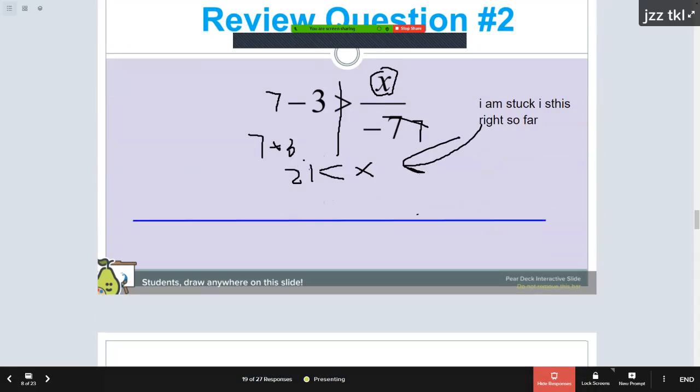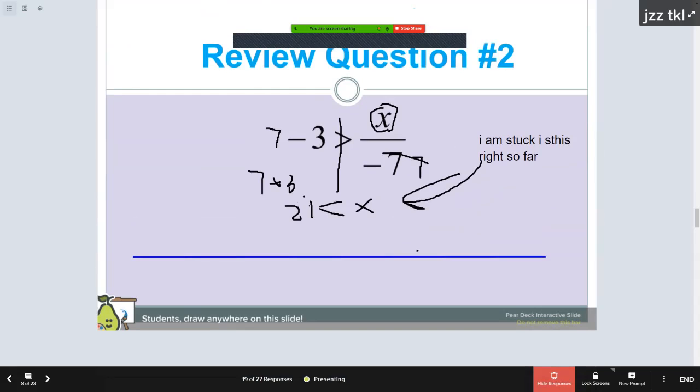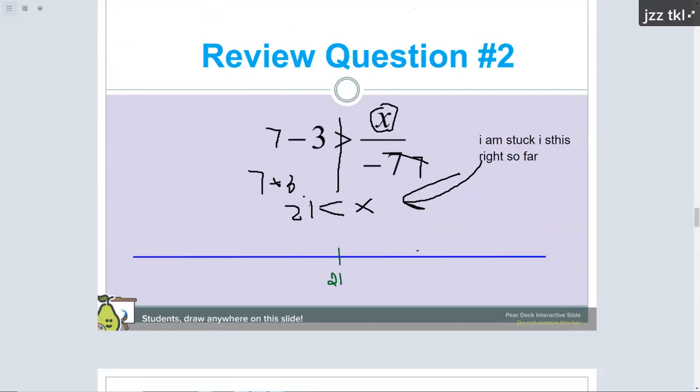Okay, so with this one, since the student is telling me specifically that they're stuck, they did times negative 7, and they get 21, and they get an x, and this is perfect. Now, to keep going with it, you would draw your number line. So you put the circle on 21. Hopefully that part's good.